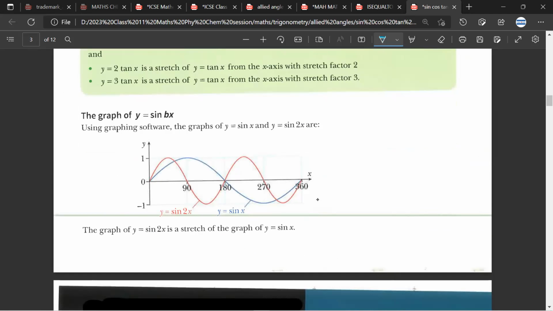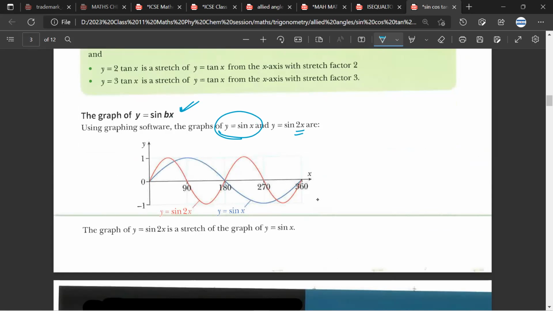Now we come to y is equal to sine bx. What does y is equal to sine bx do? There is a graph of y is equal to sine x, the standard graph. This too will halve the cycle. What do I mean by that?